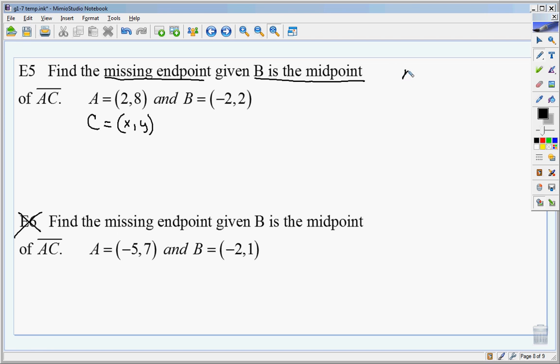Remember, the midpoint formula says the midpoint would be equal to x1 plus x2 over 2, y1 plus y2 over 2. What can I replace this midpoint with? I can replace it with what? The ordered pair, -2, 2.